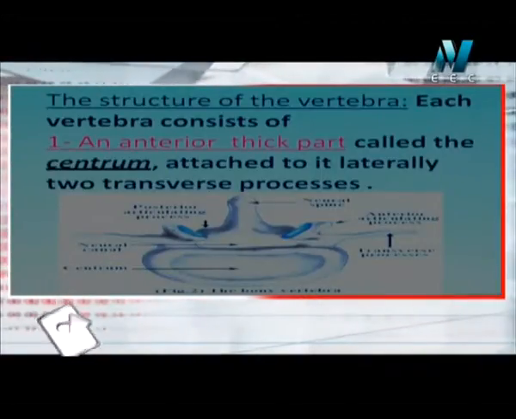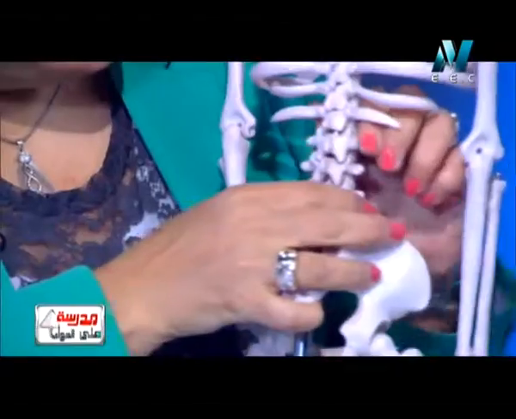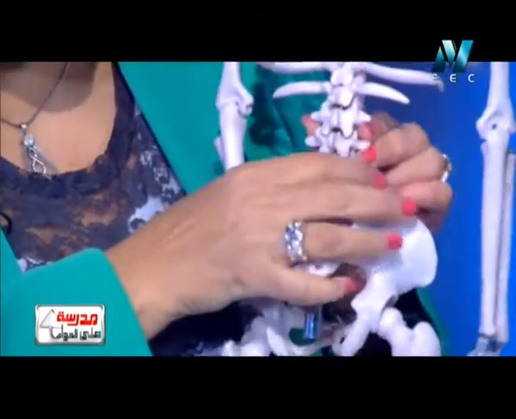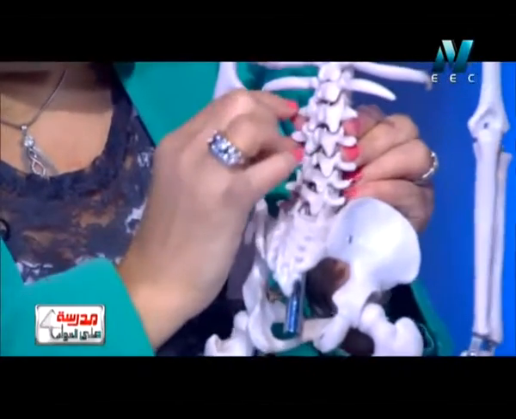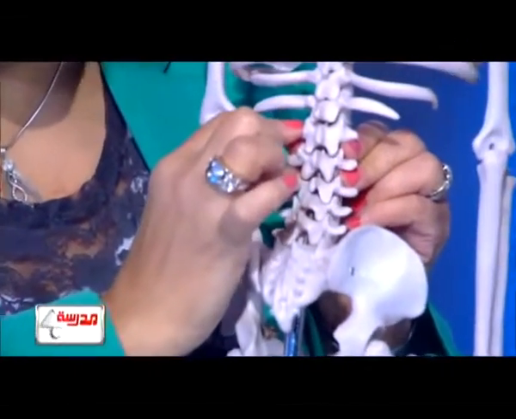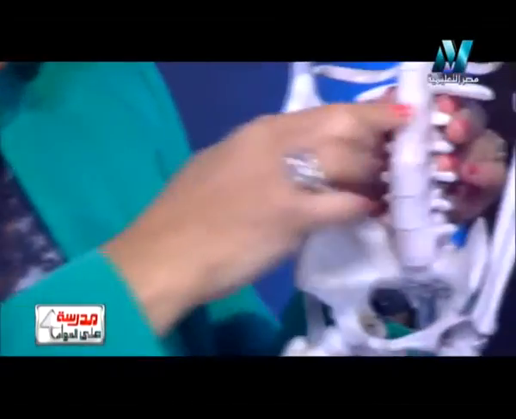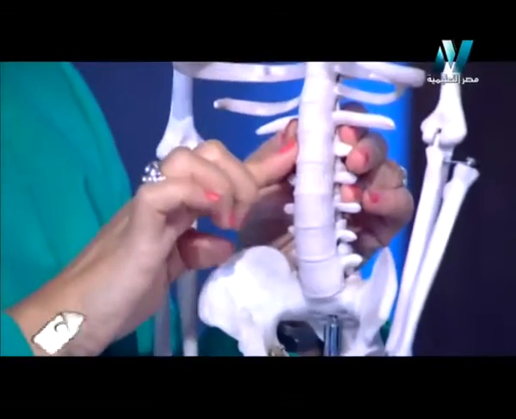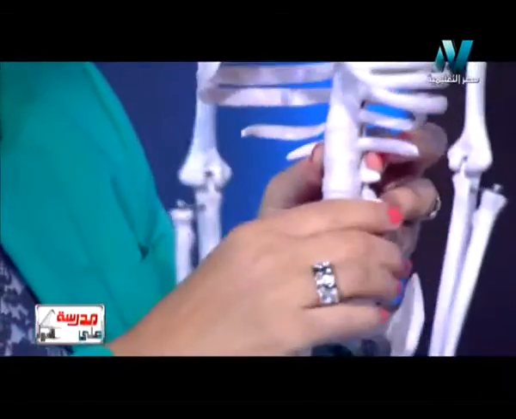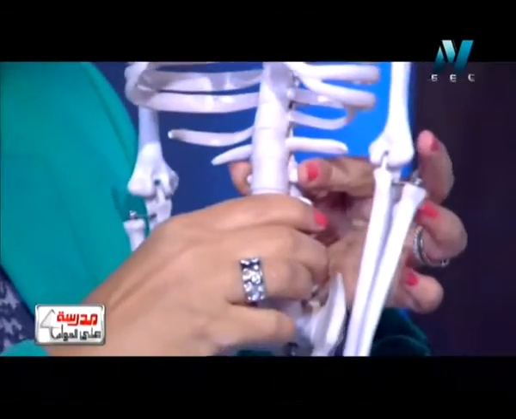For one vertebra, we have two transverse processes. The anterior part of the vertebra is called the centrum, and it is connected by two transverse processes.